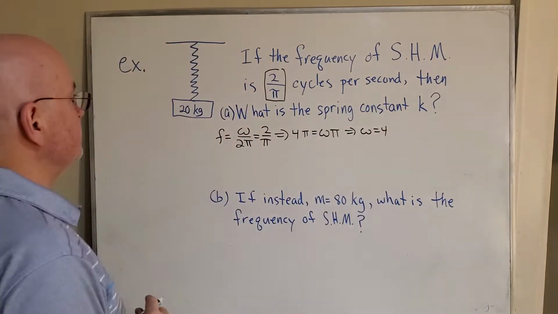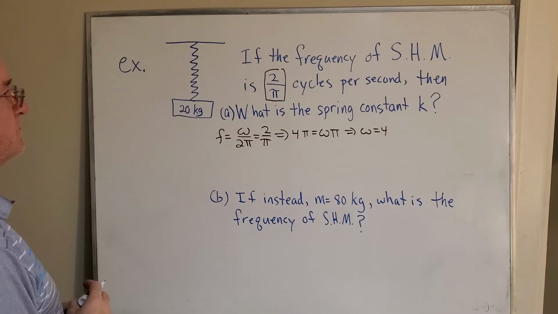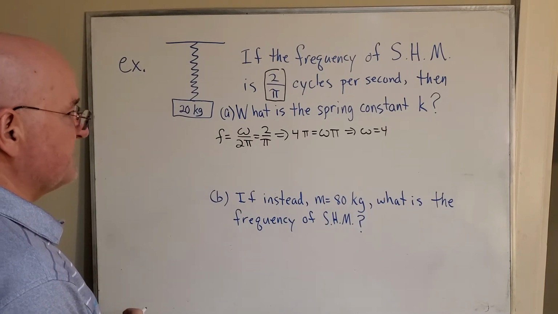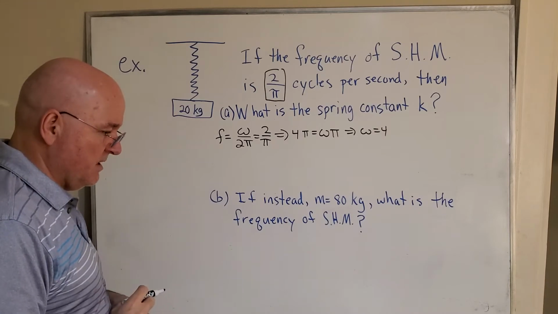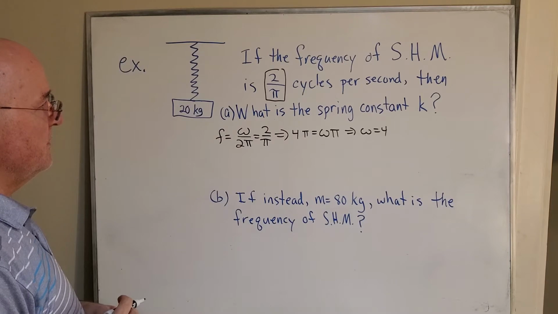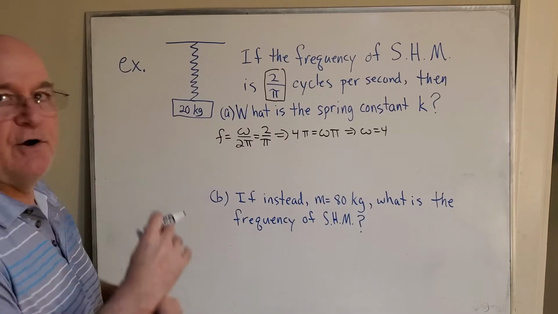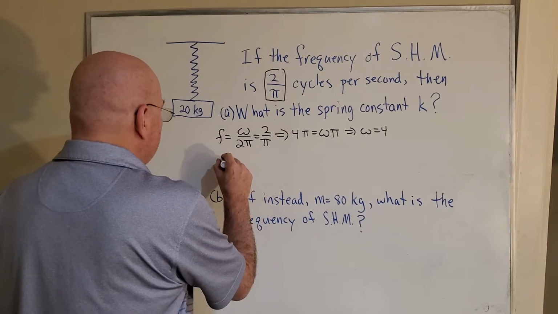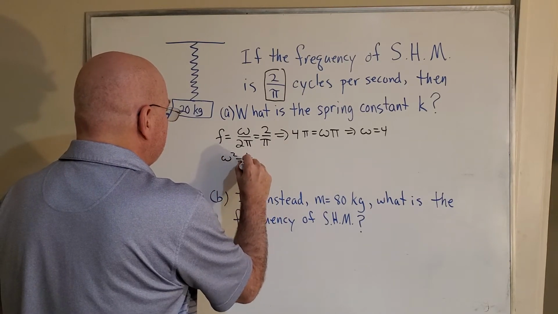Now, does that help us? We want the spring constant K. Well, with that we can get K over m was omega squared, right? So omega squared equals K over m.